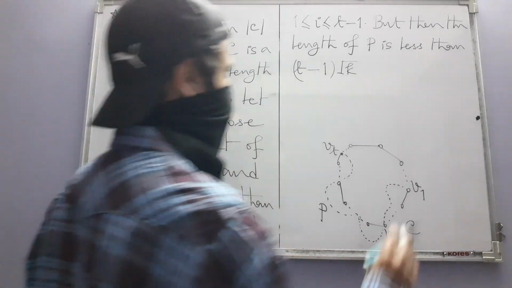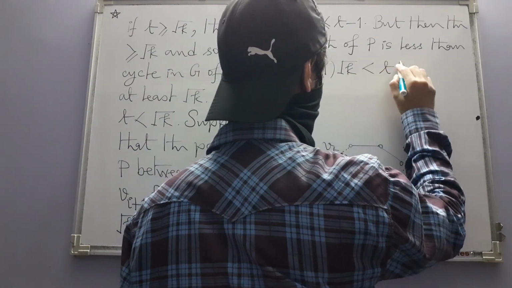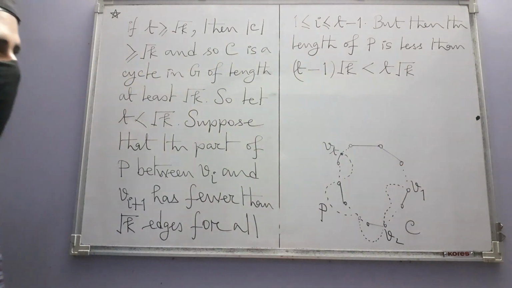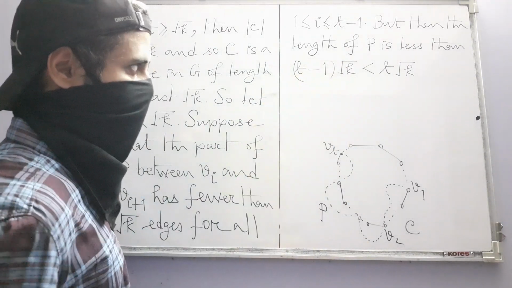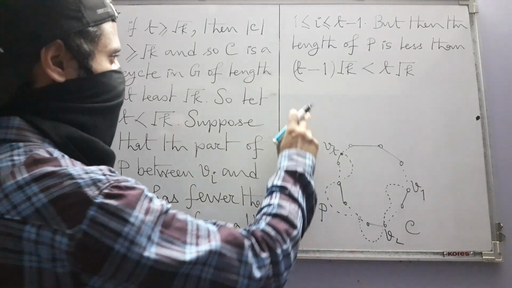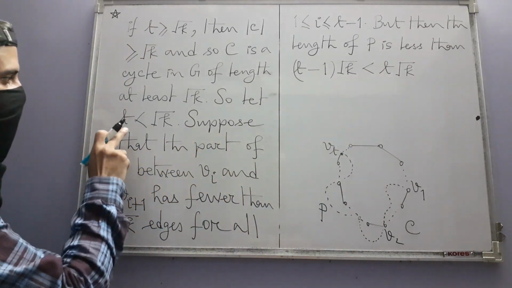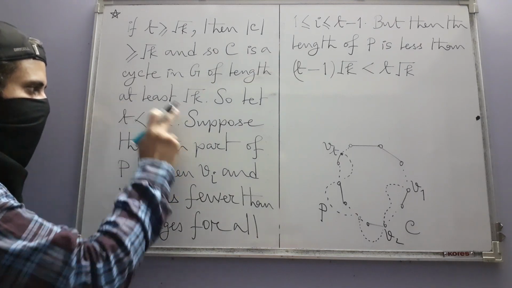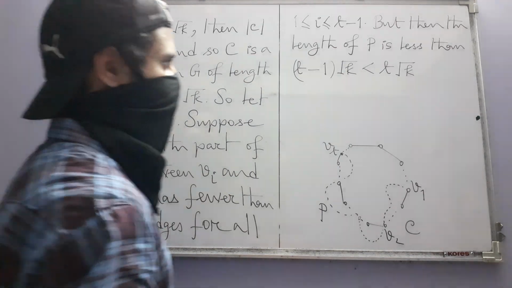okay, and that of course is less than t times root k, obviously, because t minus 1 is less than t and root k is a positive real number. That's why we have this inequality. But now note that t itself is less than square root of k, because this is our starting condition in this part of the solution.